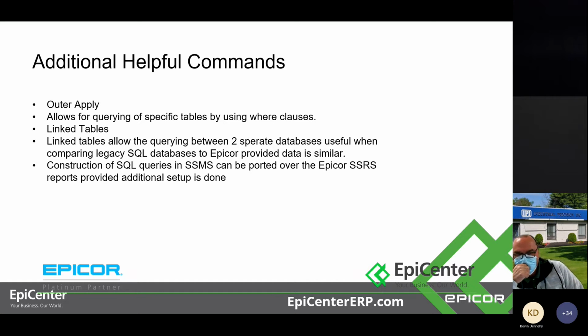So if you were interested in seeing how methods have changed between the old system and the new system, you could cross-compare the legacy system's bill of operations table to Epicor's bill of operation table.